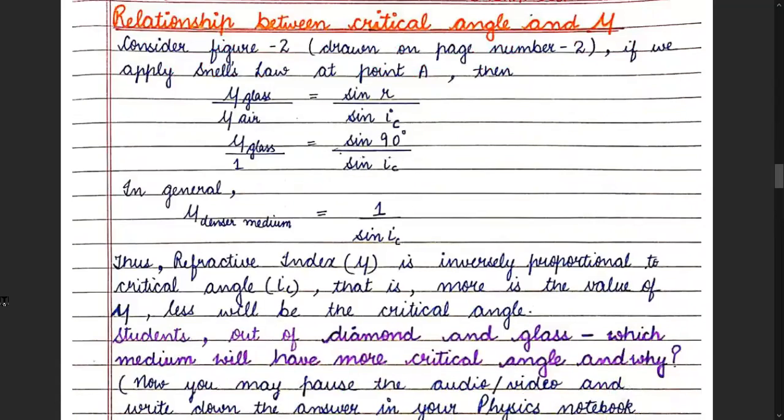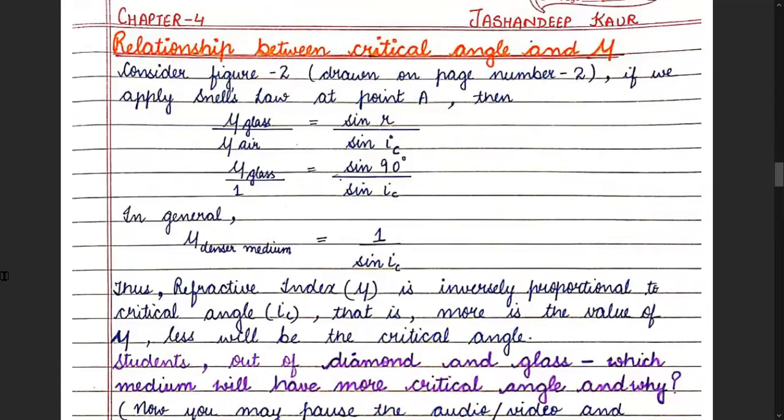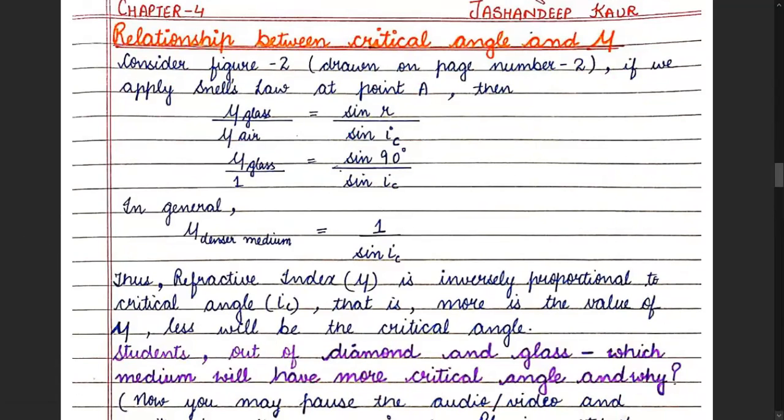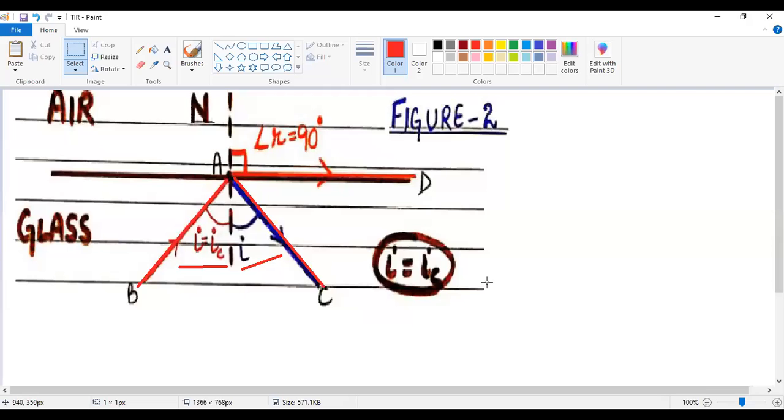Now let us learn the relationship between critical angle and refractive index. Now students, in figure number 2 drawn on page number 2, if we apply Snell's law at point A, then what will happen?